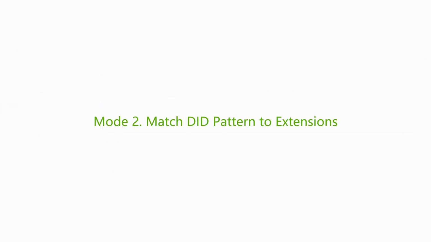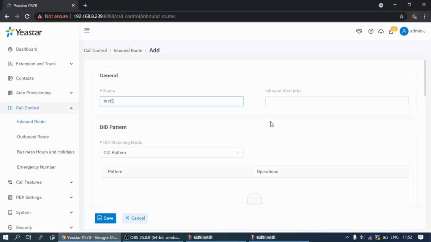Mode 2. Match DID pattern to extensions, which is using a variable, double open curly, dot, capital letter E, lowercase letters xt, and a double close curly to match extension number in a DID pattern.